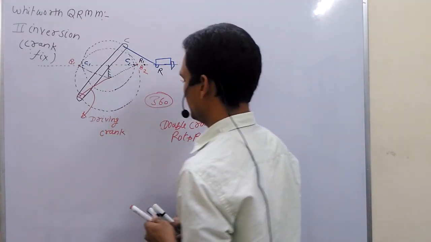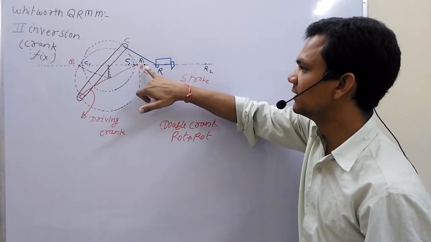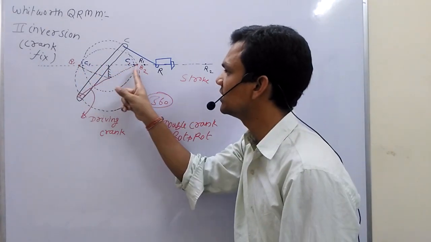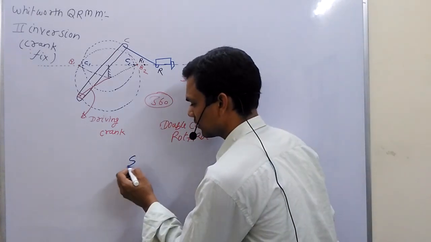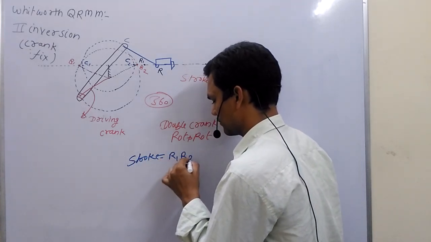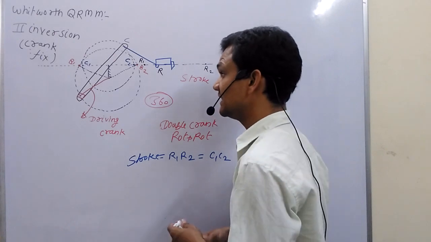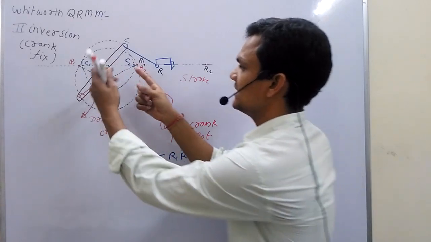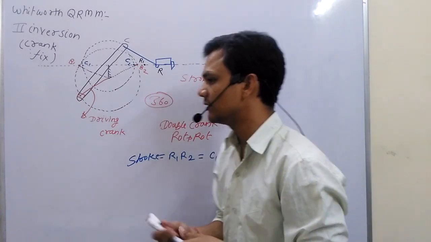Now in this case you can see, from the figure, that the stroke length only depends upon the diameter of the small circle, so the deciding factor of the stroke is only one thing, that is the radius of the small circle. Now by changing the radius of the small circle, we can change the stroke length.